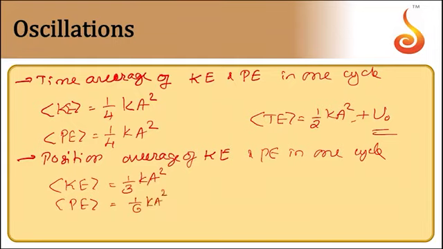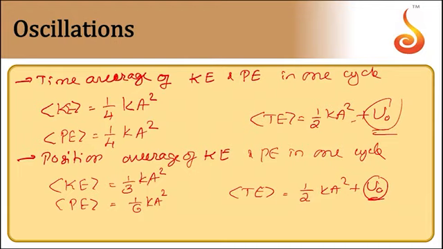And of course, average total energy, notice we are not considering any non-changing potential energies here. So average total energy is 1 by 2 Ka square, and if there are any other potential energies, we need to consider them like before. So just remember these equations, quite important as far as competitive examinations are concerned. All these are worth remembering.